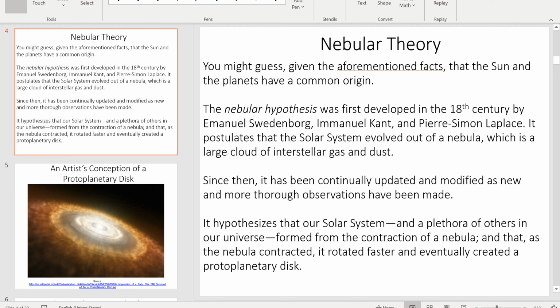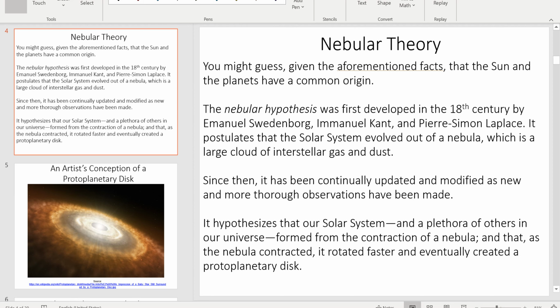And we can do this because it turns out that although it takes a long time for solar systems to form, there are many that are currently forming. And so by examining all of these different protoplanetary disks, solar systems that are in the process of formation, we can look at snapshots of this process in different points in time.